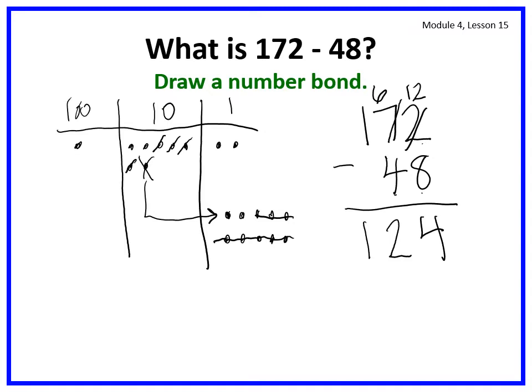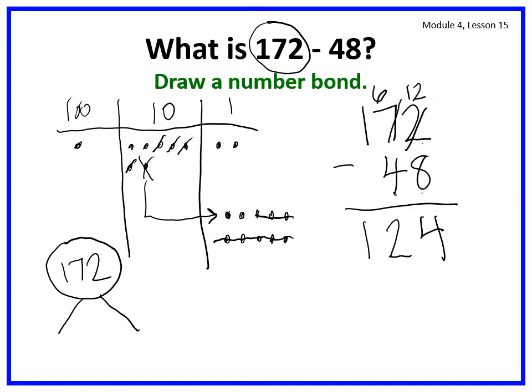What I need to do now is check my work by putting that into a number bond. So the whole is that number that we started with. In subtraction, your whole is the number you start with. So I'm going to write 172 and make a number bond with that.